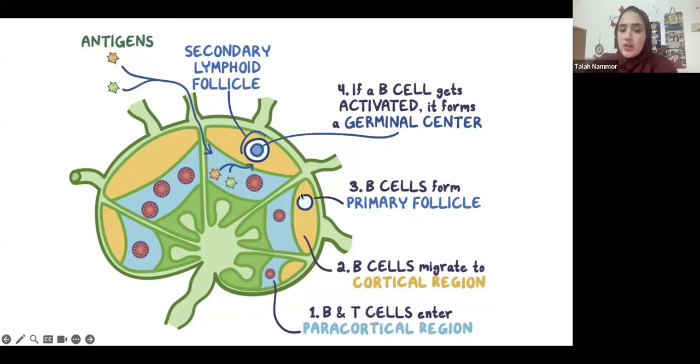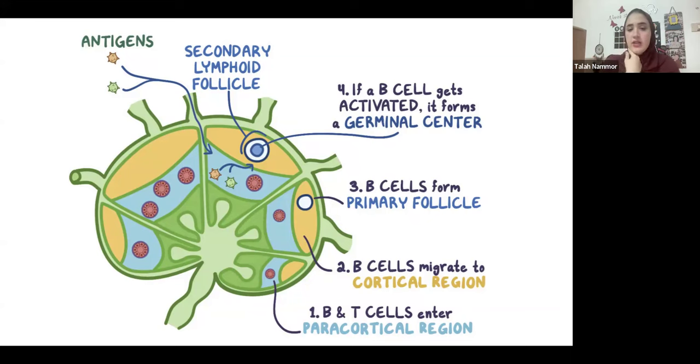There they form something called the primary follicle, which is a cluster of B cells residing in the cortical region. If the B cells in the primary follicle get activated, by an antigen, by T cells, whatever, they will form the germinal center.